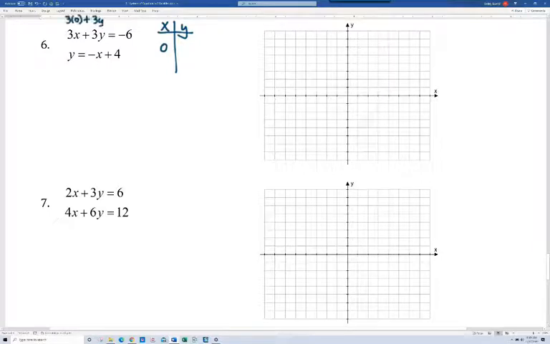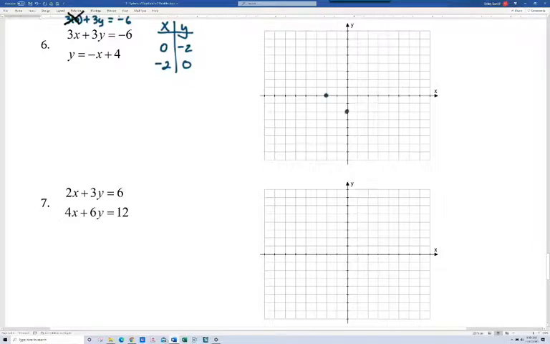And so let's plug in 0 for x. We get 3 times 0 plus 3y equals negative 6. And of course, 3 times 0 is just 0. This just zeroes out. And you're left with 3y equals negative 6. And you can see y would be negative 2 there. If I choose y to be 0, we can do the same thing, and you get negative 2 for x.